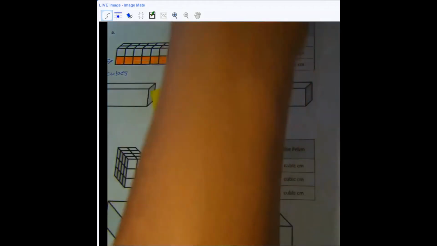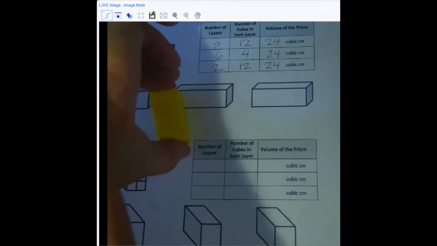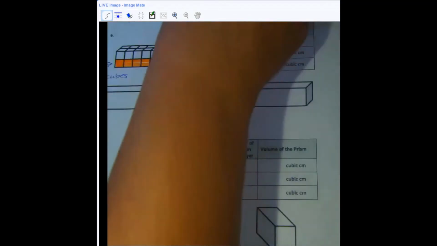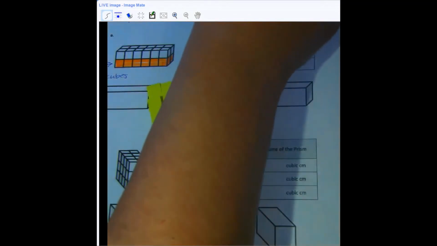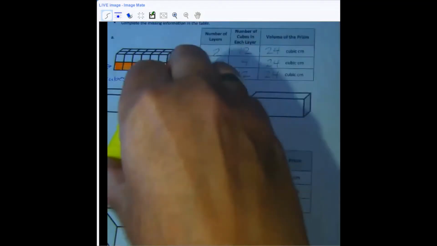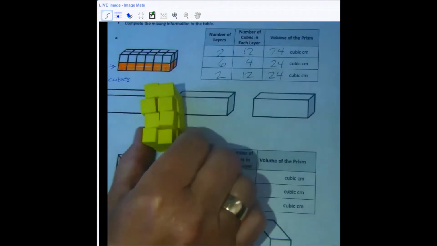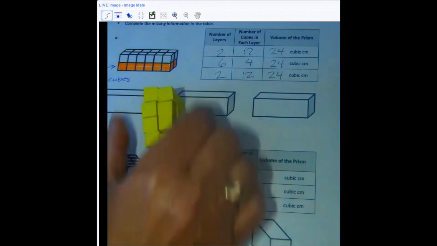So I'll just try to get this all in one fell swoop. There's my second layer of 8. And then my third layer of 8. And there, I've just built the second rectangular prism.